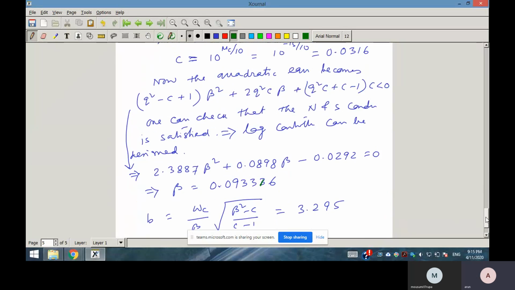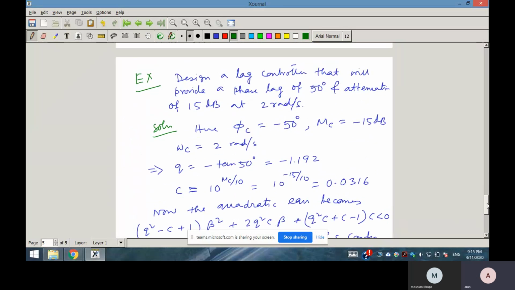Now, about implementation, as we said in case of lead controller: how to implement in an analog fashion. This is the main advantage of lag, lead and lag-lead controllers, and that's why they are used in industries, because they can be implemented in an analog fashion easily.